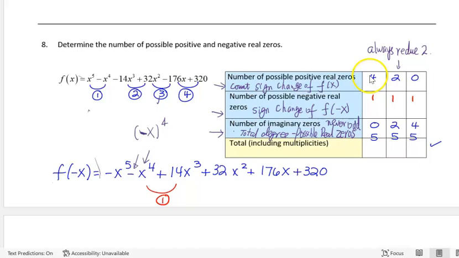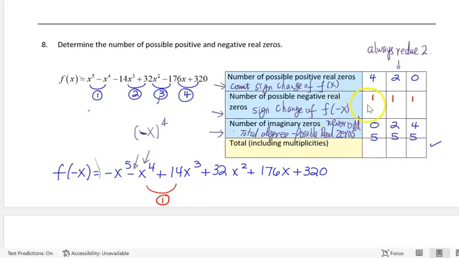And these numbers of zeros always reduce by 2. If the highest is 4 positive zeros, the next possible is 2 real zeros, and next is no real zeros.